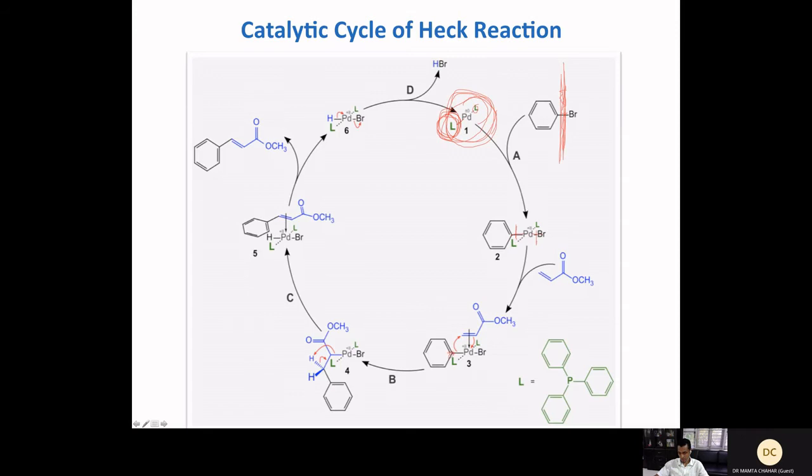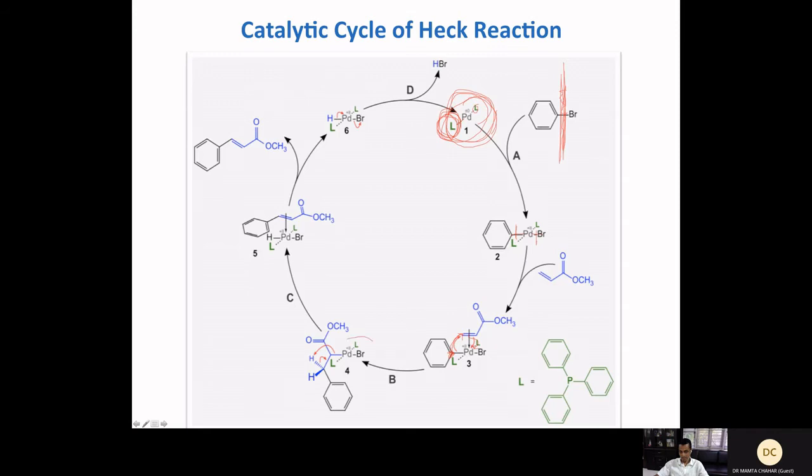And you can see the nucleophilic center, this attacks over there, and then that adds to the palladium. So you usually have a carbon-carbon bond formation right over here, and the palladium is at the beta position.